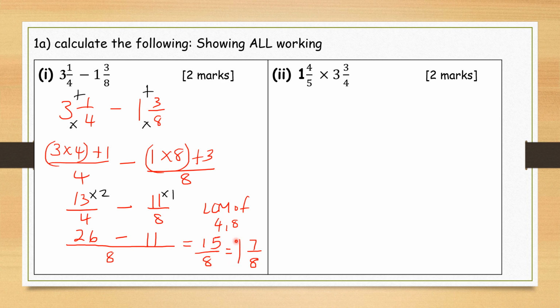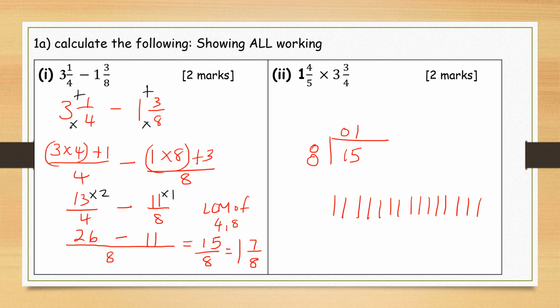And that's 1. If I do it over here, I'll divide 8 into 15. That is 0, 1. So I have 1, 2, 3, 4, 5, 6, 7, 8, 9, 10, 11, 12, 13, 14, 15.